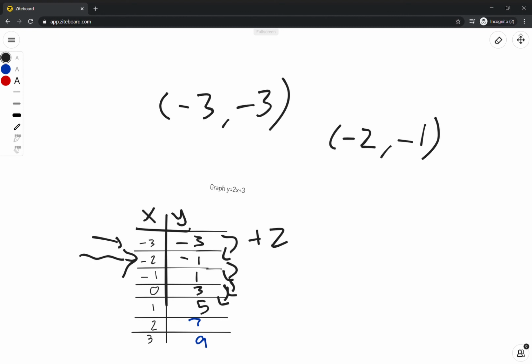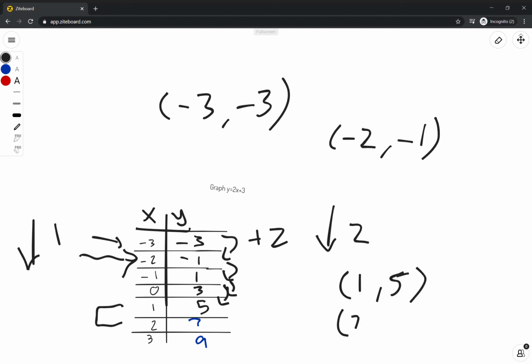Because as x is increasing by 1, y is increasing by 2. The same holds true for, let's say, these 2 points, 1, 5 and 2, 7. It's a +1 increase for x, and it's a +2 increase for y.